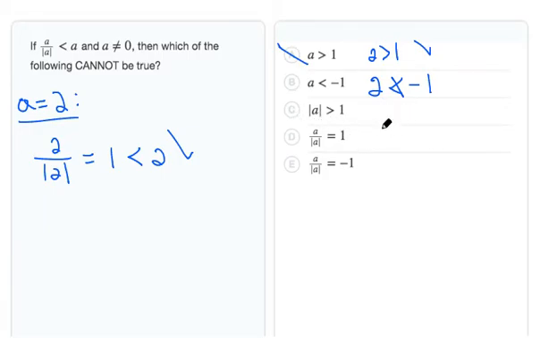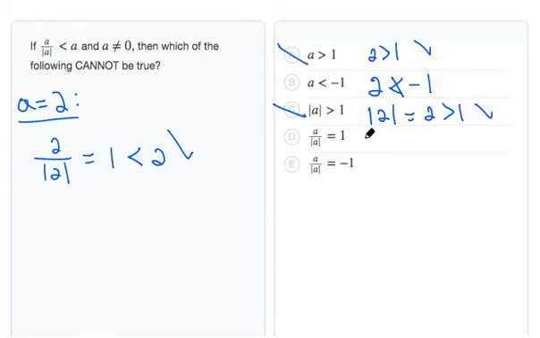Is absolute value of a greater than 1? Well, absolute value of 2 is equal to 2, and that is greater than 1. So this is actually satisfied. That can be true, and just like choice A, we could rule out choice C. Let's go ahead and check choice D. 2 over absolute value of 2, we said that is this guy that we checked over here, and that is equal to 1.